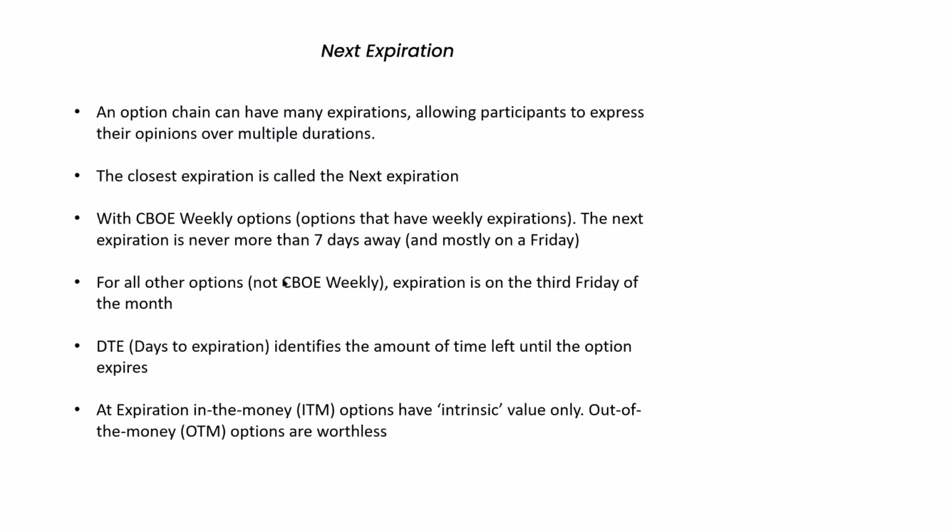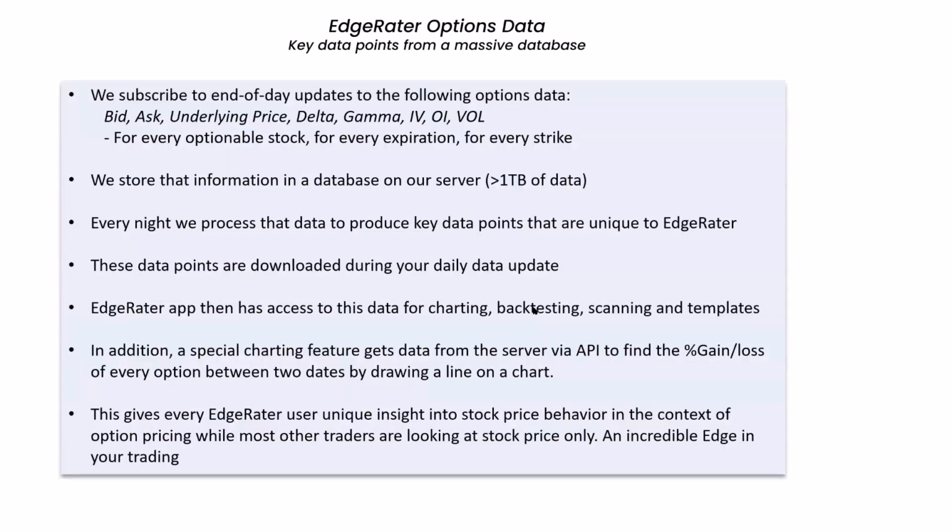So in terms of EdgeRater, as I mentioned earlier, it has been around since 2007. But one of the things that we've been working on in the last year is options data and improving our processing and analysis of options data to provide that information into the EdgeRater program.